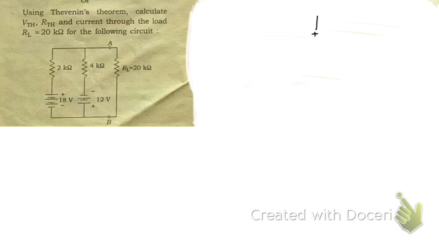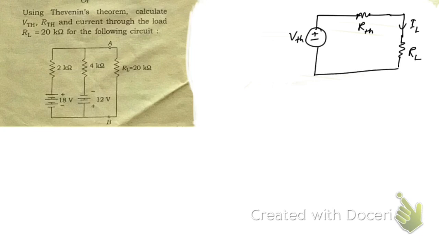Here is Thevenin's voltage VTH, and here Thevenin's resistance RTH, and this is the load current, and this is the load resistance R. This is the equivalent circuit, and you must know these relations. Load current is equal to VTH by RTH plus RL.